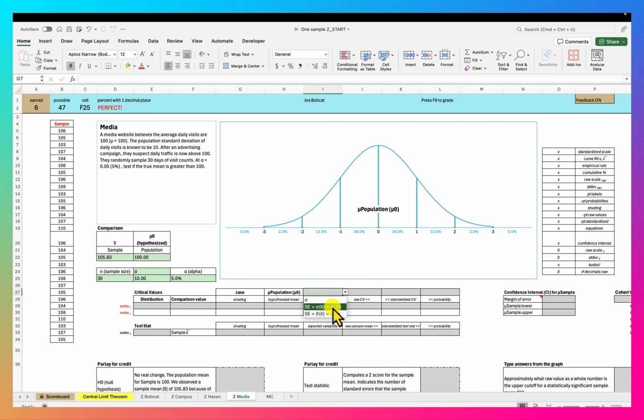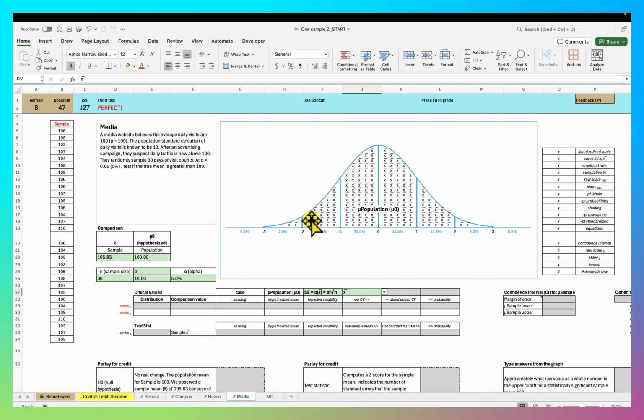Expected variability is going to be the same that we've been using. And the raw critical value is going to be measured as a particular value for x bar. It's a z-score. And we are after the probability of x bar.